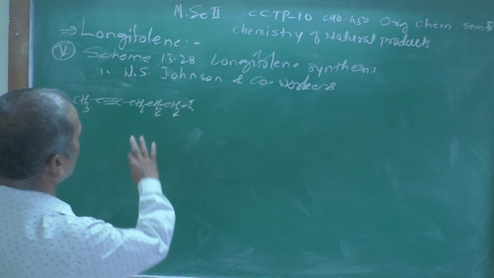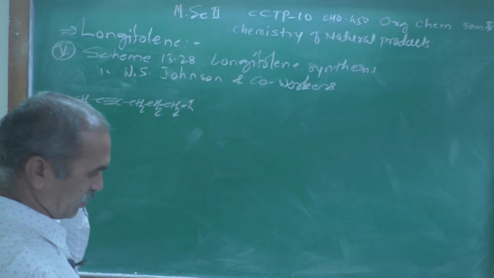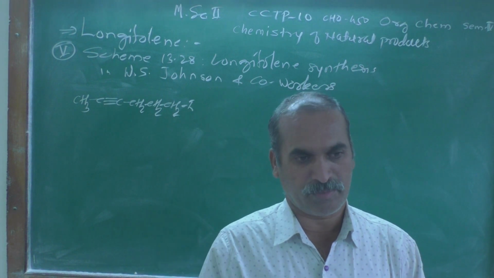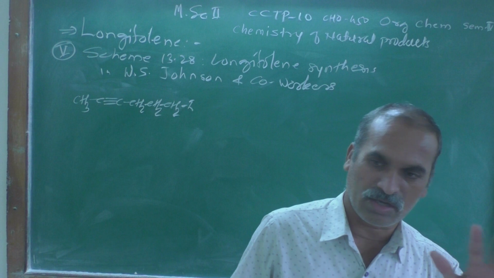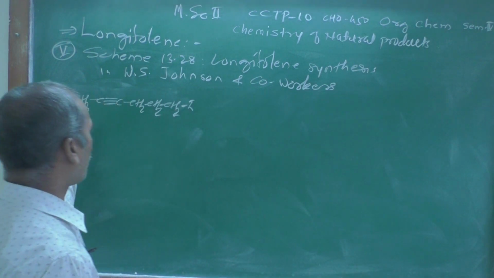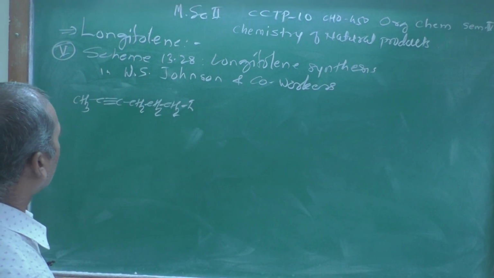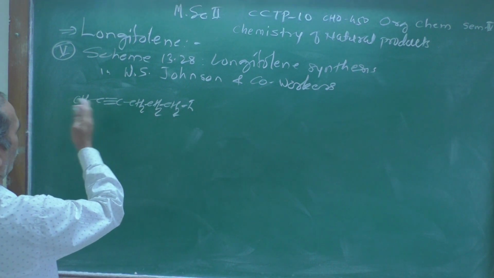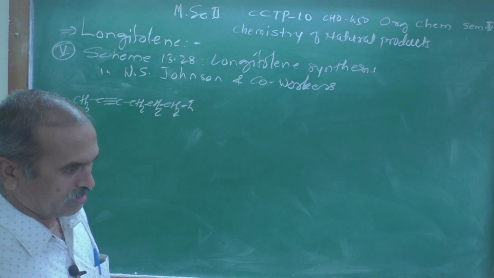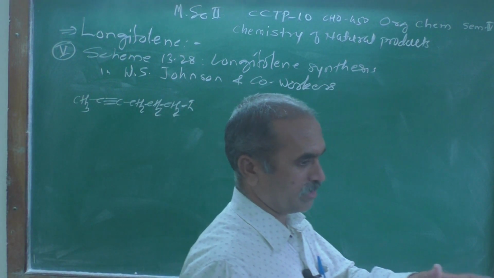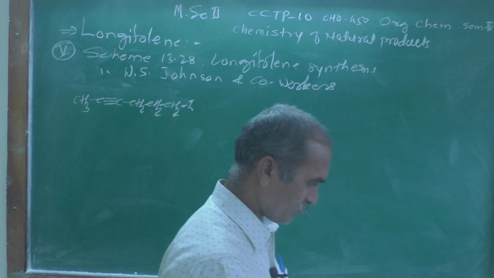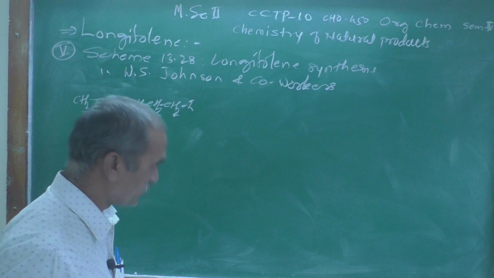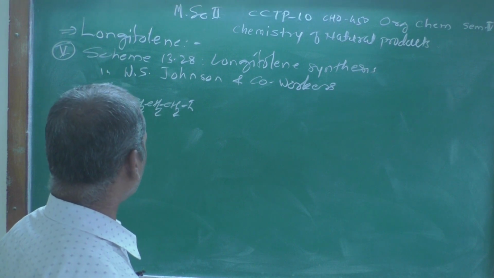As we know, IUPAC means International Union of Pure and Applied Chemistry, there are certain rules. According to that rule you can find out its IUPAC name. So there one halide is there, and here a carbon-carbon triple bond is there. The halide can be treated just like a branching alkyl halide.